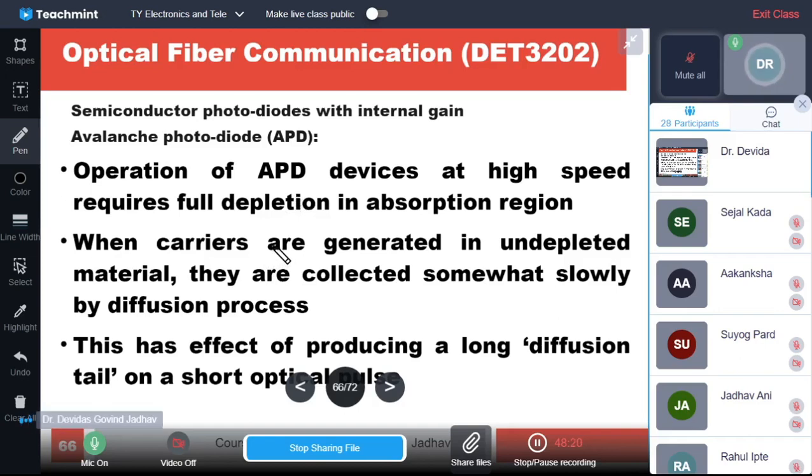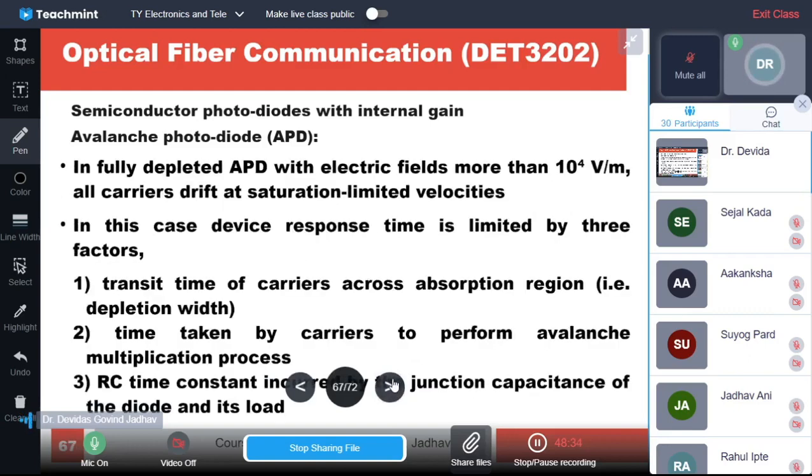So when carriers are generated in undepleted material, they are collected somewhat slowly, which is a diffusion process, and it has the effect of producing long diffusion tails in the shorter optical pulses. But due to the coverage of the depletion layer over the overall absorption region, the diffusion region is completely avoided.